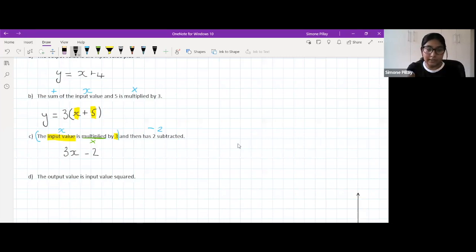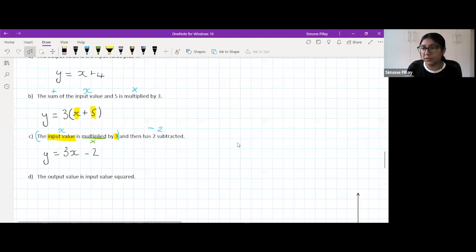We've now interpreted our rule. They were giving us how we calculate our output. And my output will be my y values. So when I said y equals, I'm basically saying my output is equal to 3 times my input minus 2.